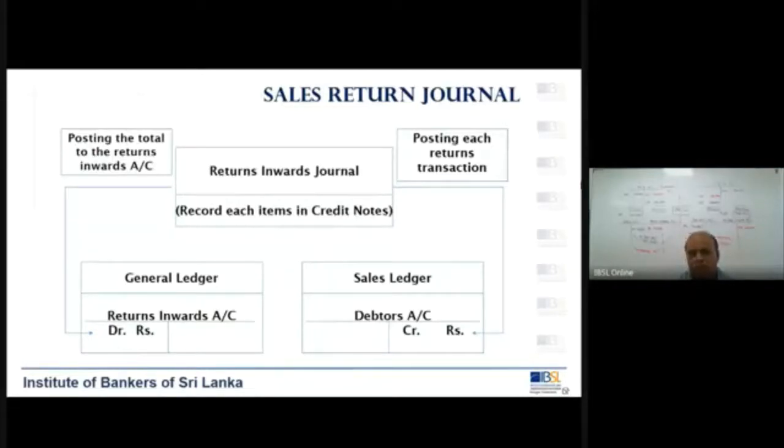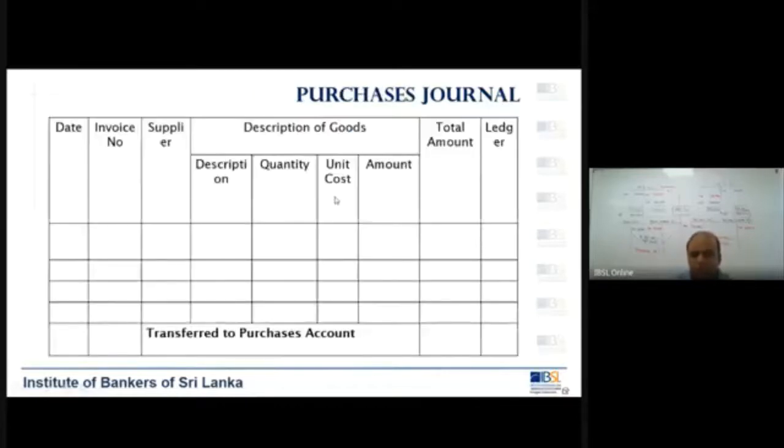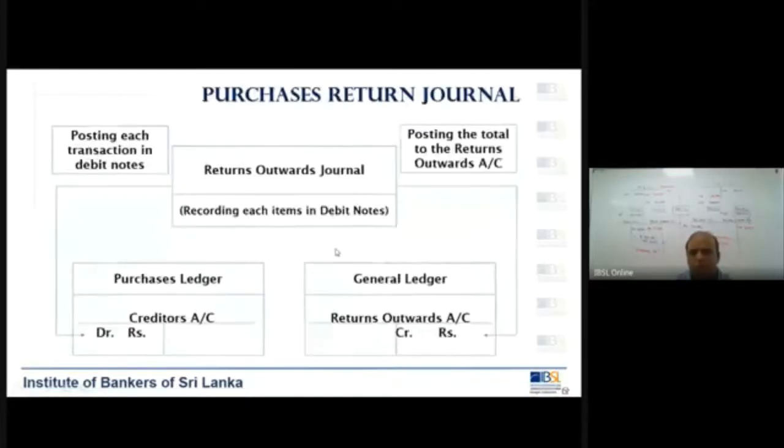When you return something, there is a particular document which you will make use of to record the transaction. So when a sales return happens, you will make use of a document called credit note. Okay. Similarly, when a purchase return happens, you will make use of a debit note. That will be the source document that you will make use of to record the transactions. Okay. Right.